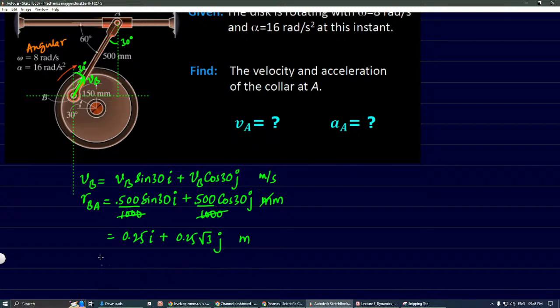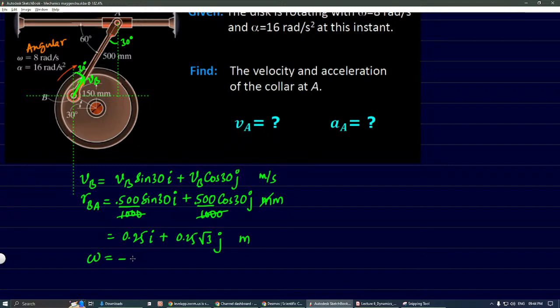Now we have to define omega. You can see it is rotating clockwise. Clockwise means, is it towards us or away from us? Away from us. Away from us means you have to take minus.